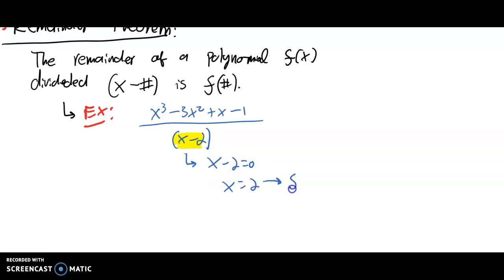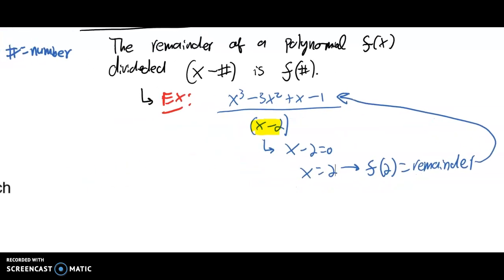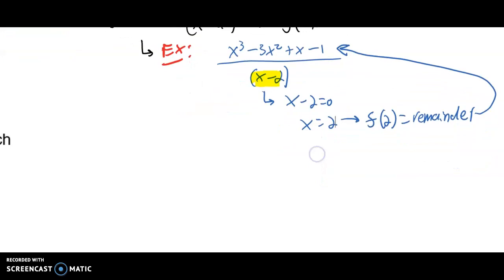And now, if I plug in 2, it's going to give me the remainder of this division problem. Okay? This is useful because we can say that something is a factor of a polynomial if the remainder is 0.